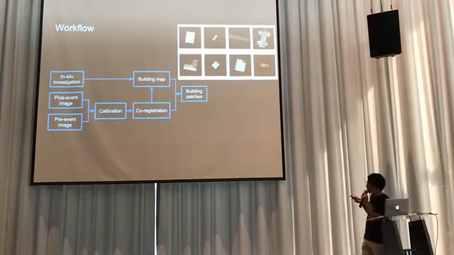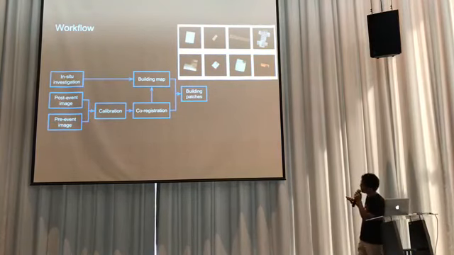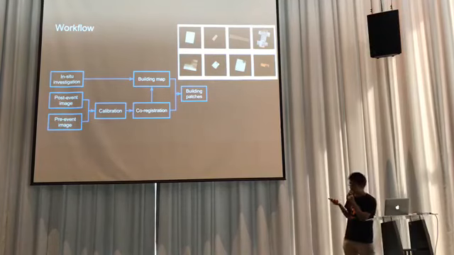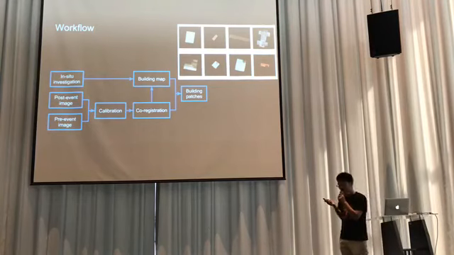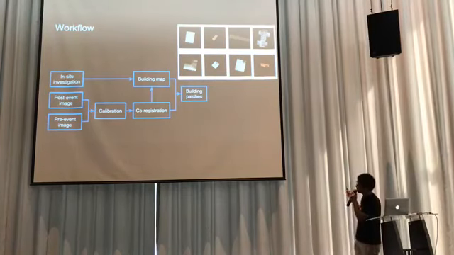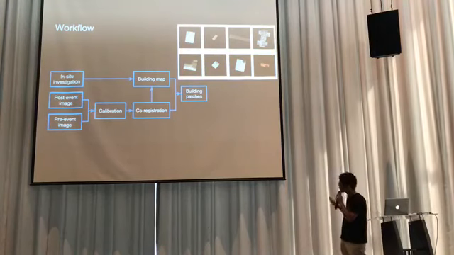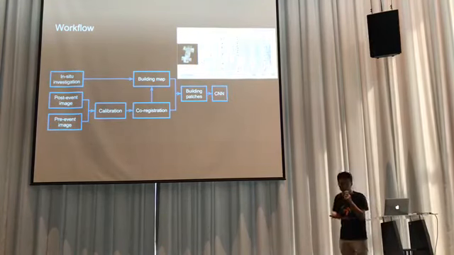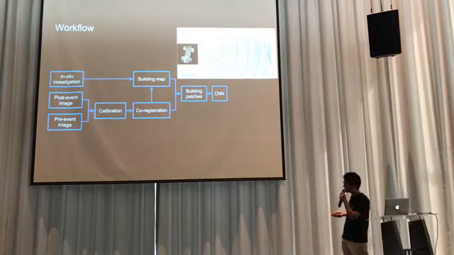And then by cropping or extracting the building patches, we can convert the problem into a traditional computer vision problem. Here, each building is about 100 by 100 pixels, and then next we can put the data into a CNN.